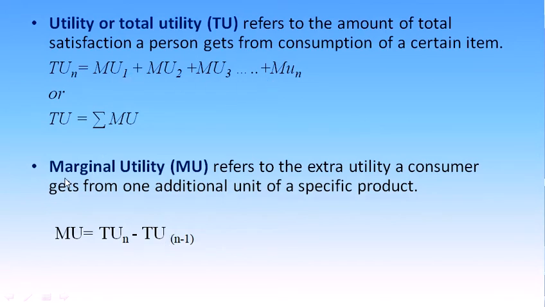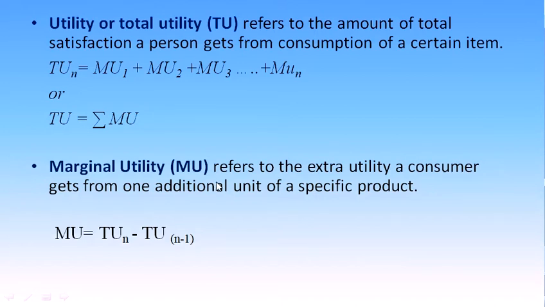First, let us understand what is marginal utility. Marginal utility refers to the extra utility a consumer gets from one additional unit of a product. Basically, suppose the person is consuming one burger, and from one burger the utility is, let's say, 10.